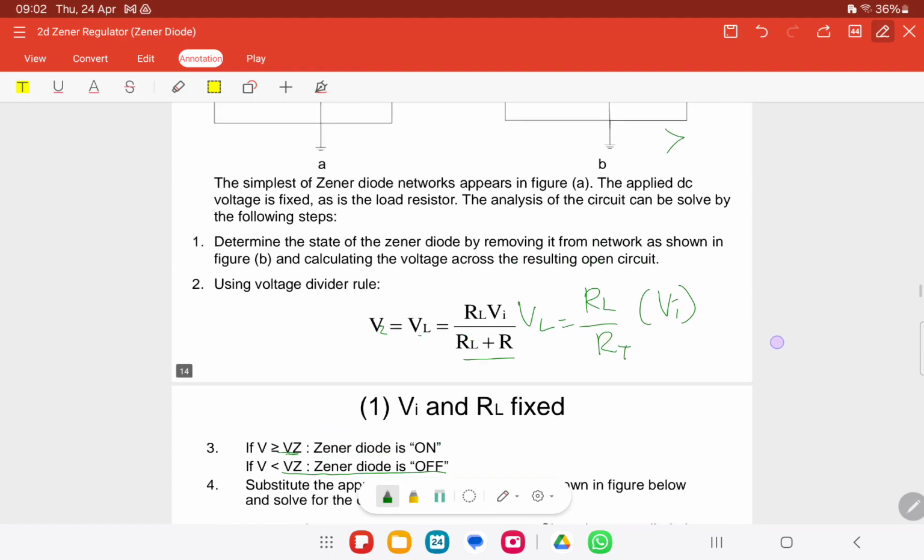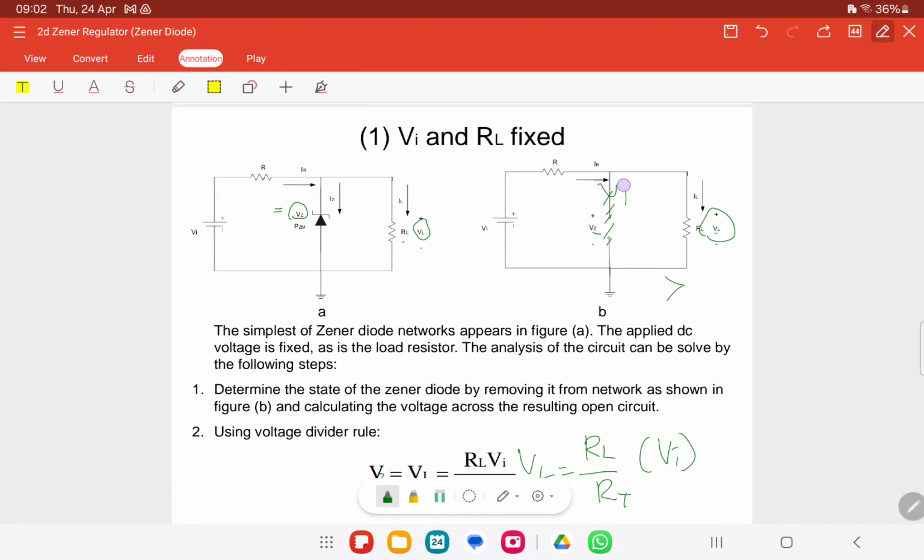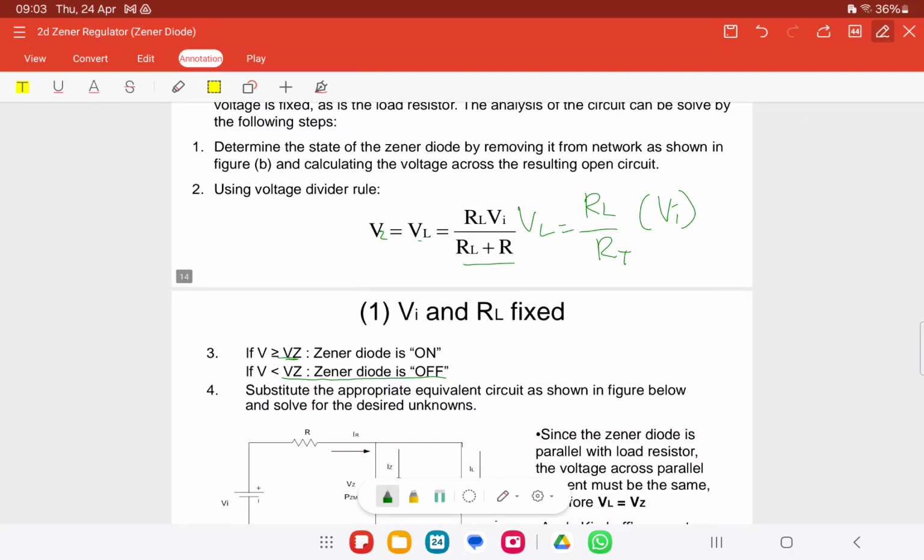When the diode is off, it means there is no current IZ. So when there is no IZ, IZ is 0, and IR equals IL, because IZ is 0. The second condition is if VL is greater than VZ.